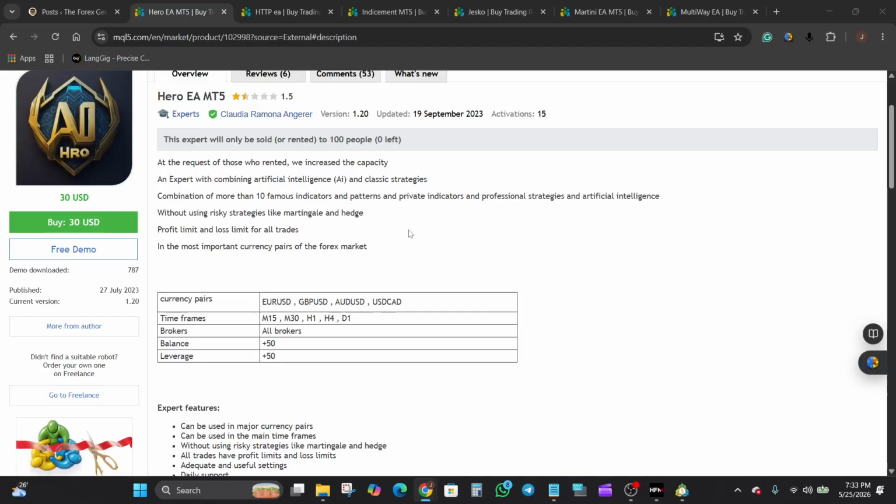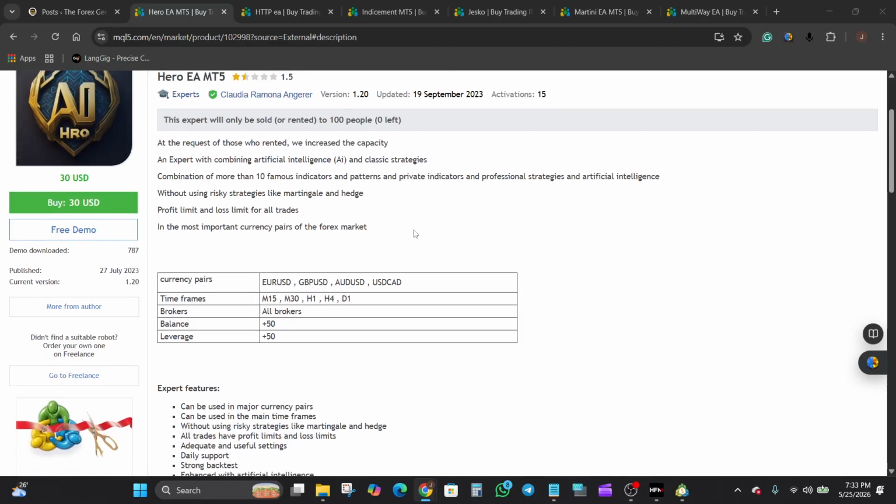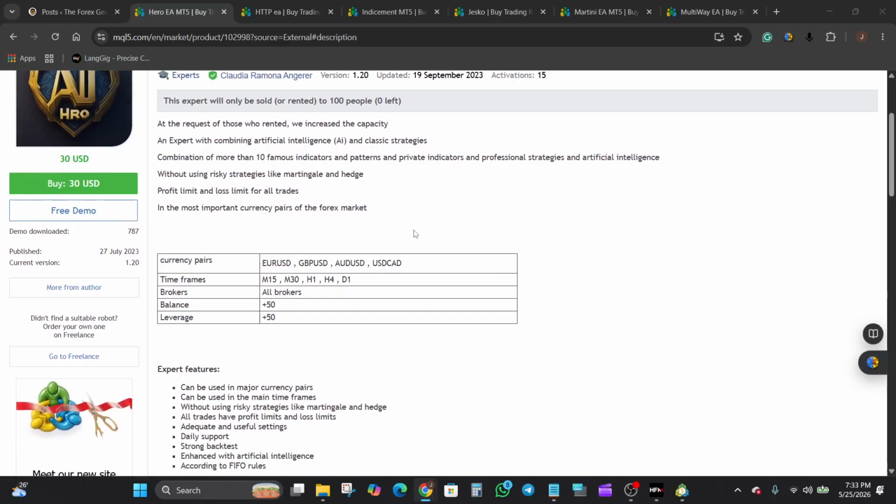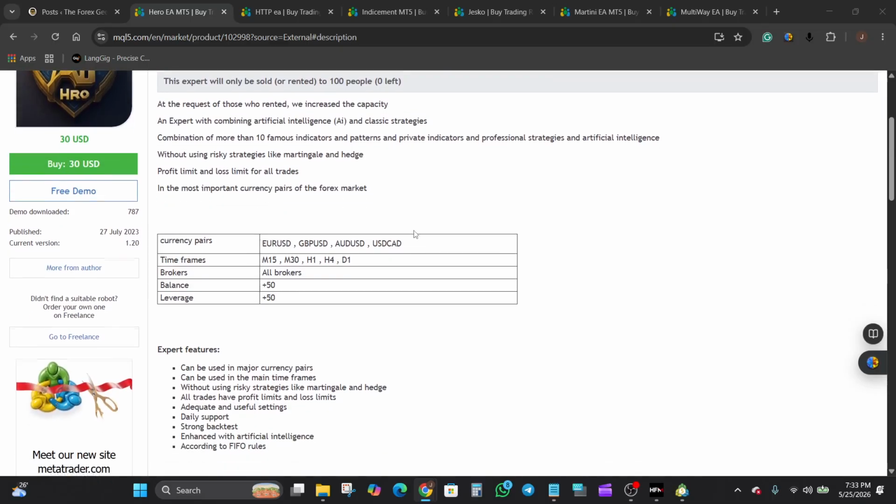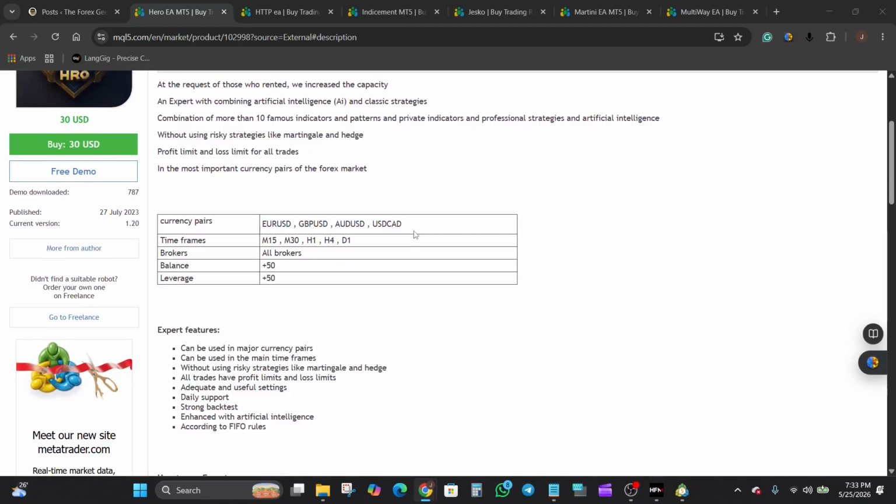One thing that stands out immediately is the emphasis on risk control. It clearly states there is no martingale or hedging involved, which is usually something traders pay attention to when evaluating EAs. Instead, it mentions profit limits and loss limits applied to all trades, which suggests a more structured approach to trade management.